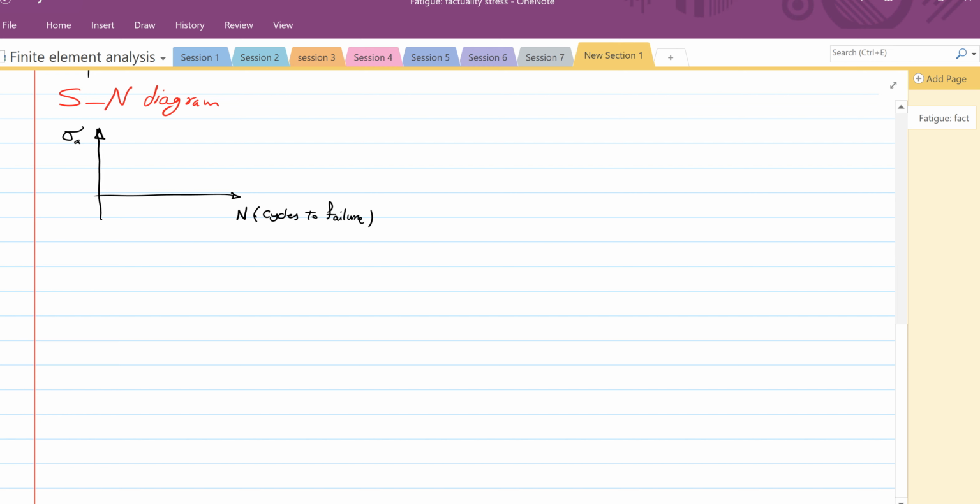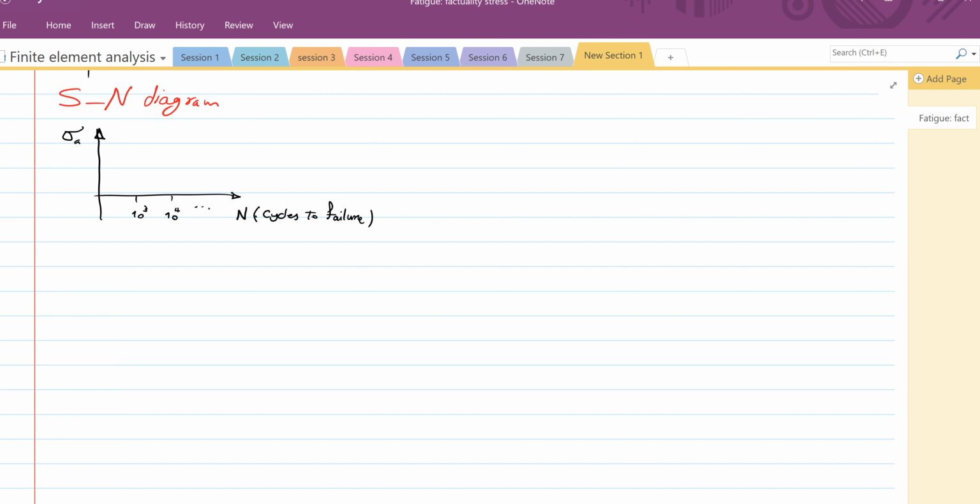And usually this is a logarithmic scale, 10 to the power 3, 10 to the power 4, and more. Okay, so we expect to have this type. Now I'm drawing the actual one.